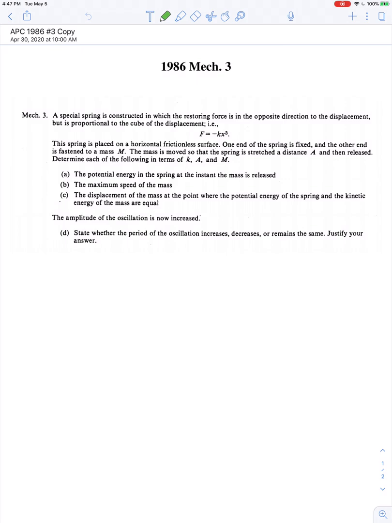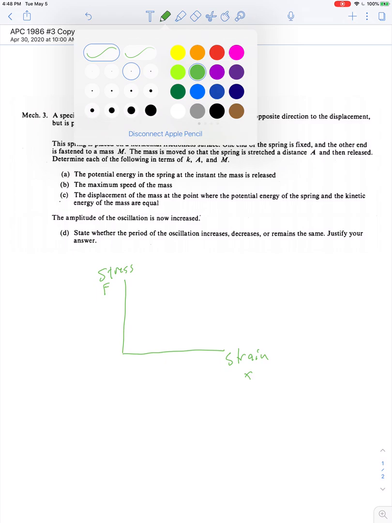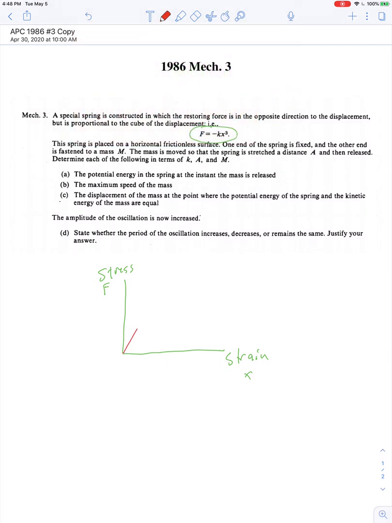Okay, so welcome back. This problem is all about a spring that is not governed by Hooke's law. We're told that the force is proportional to x cubed. For a typical spring, the ratio of stress to strain, in other words, the ratio of force compared to displacement, has some part of that graph that appears linear.